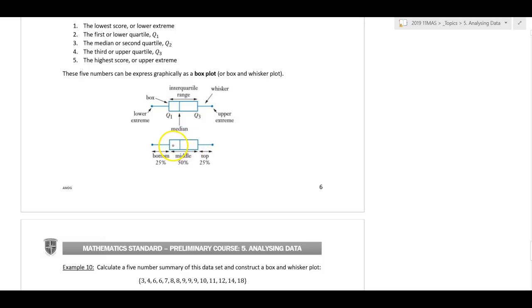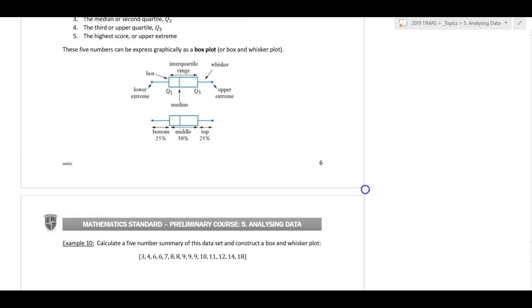There are the same number of scores in each of those sections, and they all have 1/4 of the scores. If 200 people were surveyed, I would have the results of 50 people in each of those sections, 1/4 of my results in each.